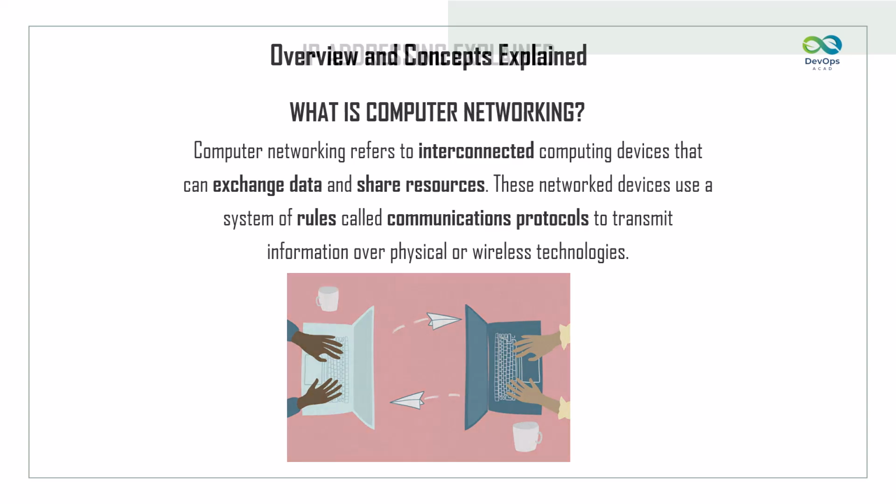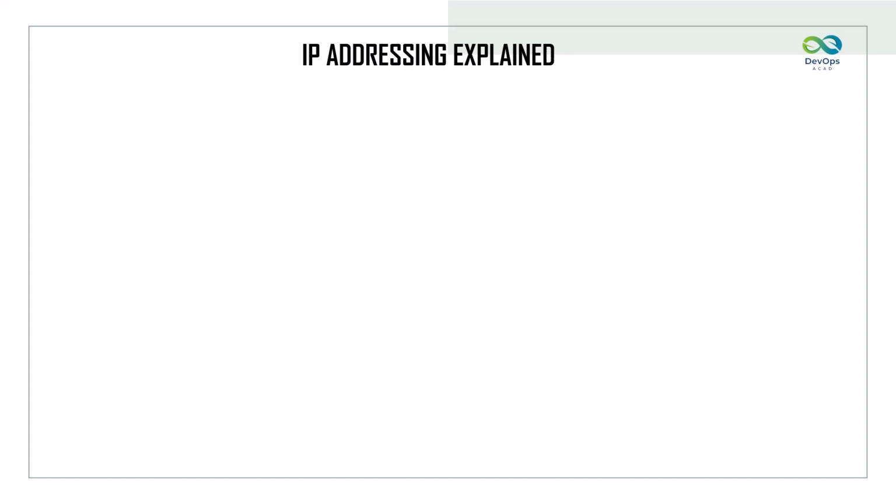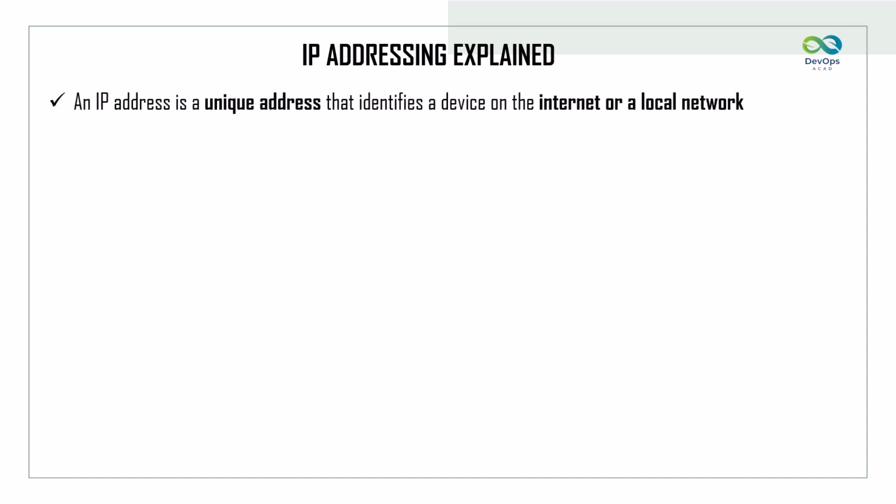Now that takes us to the next point, which is IP addressing. In order for these devices to share resources in a network, they need a form of identity that allows device A to identify device B. And that is what you refer to as IP addressing.